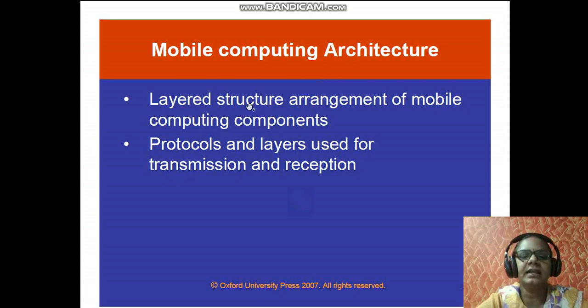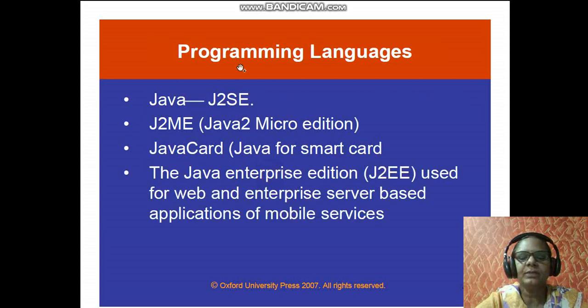So this is a layered structure arrangement of the mobile computing components, this architecture, and it has some protocols and the layers used for the transmission and the reception. What are the programming languages which are being used with mobile computing?